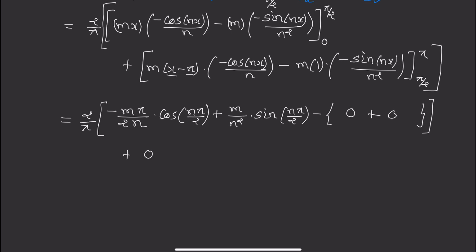Now here we have minus minus plus, x is equal to pi, then this is sine n pi plus sine n pi divided by n square.